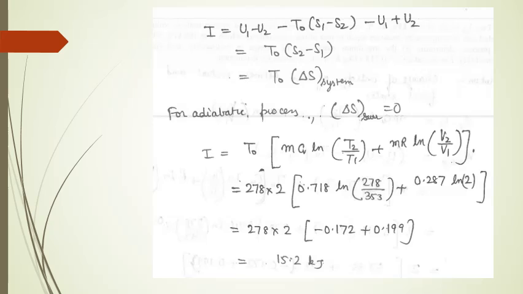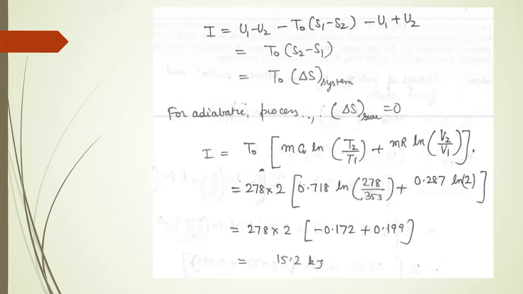Now the irreversibility is equal to t0 into s1 minus s2 minus u1 plus u2, which is equal to t0 into s2 minus s1, or you can say t0 into the total entropy change of the system. Now for the adiabatic process, the entropy change associated with the surroundings is equal to 0.